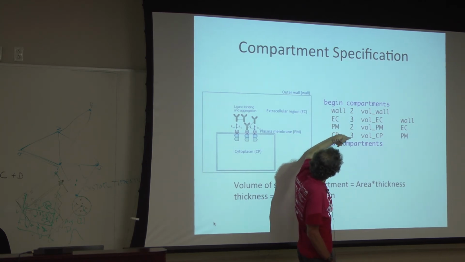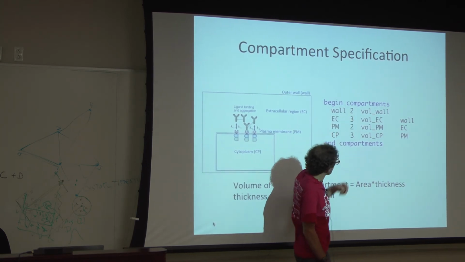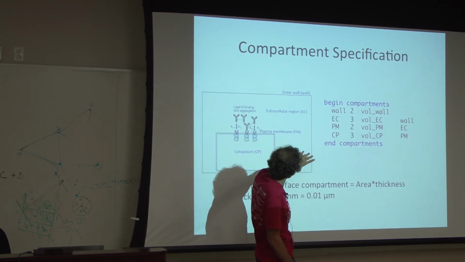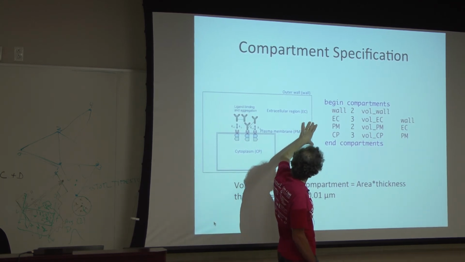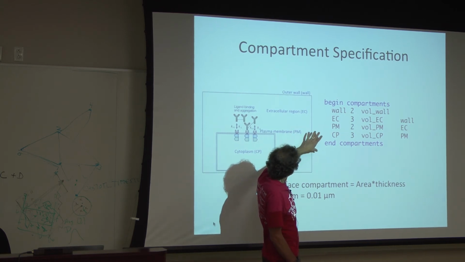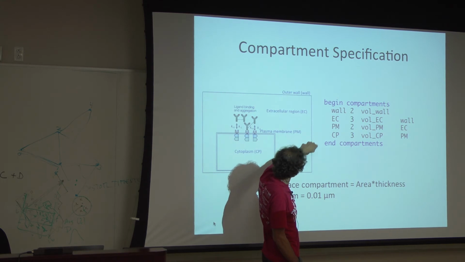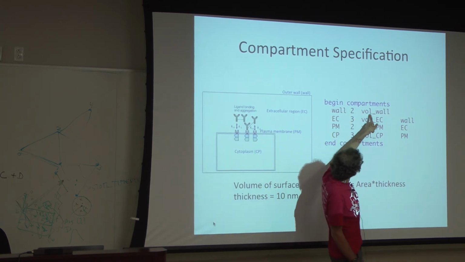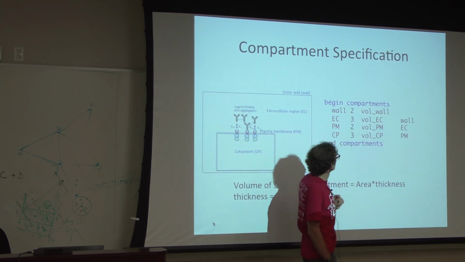The second column represents the dimensionality of the compartment. So in BioNetGen, you basically have two alternating, 2D and 3D, or 3D and 2D. In this case, we have an outer container that's a surface, and so it's two-dimensional, and then it has some volume associated with it.